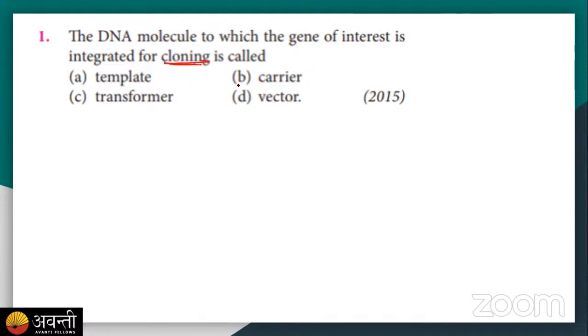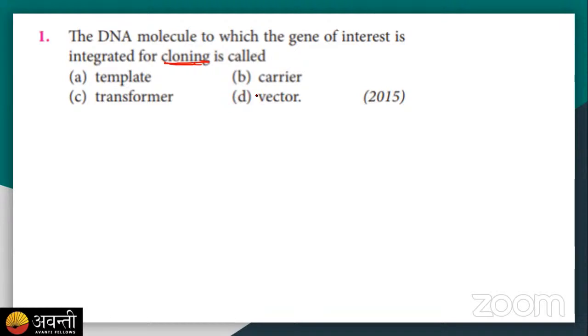So cloning is the main purpose. A template is the strand of DNA which is getting replicated or transcribed. A carrier just carries the DNA; it is not actually replicating it or making a clone. Transformers are those which are able to transform, to get transformed.